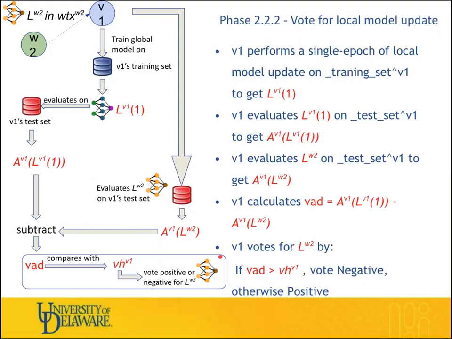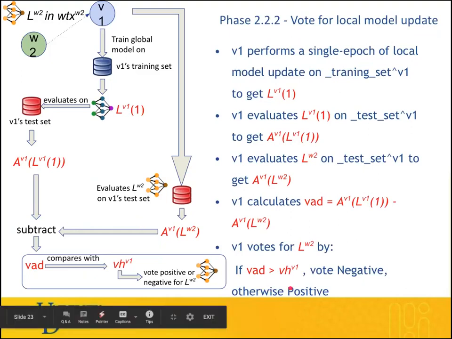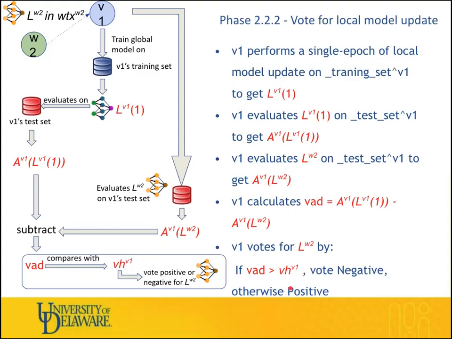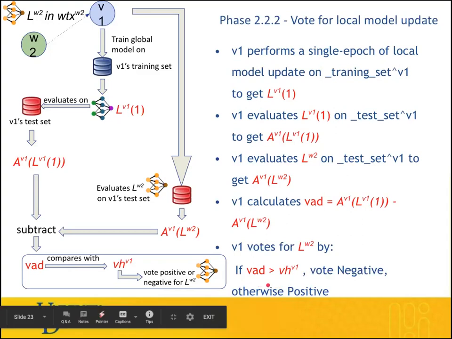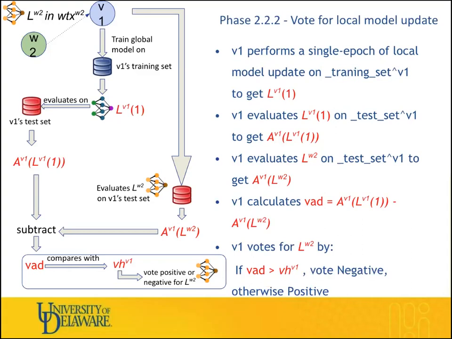Lastly, V1 compares VAD with the validator threshold value, denoted as VH superscript V1, and casts a vote, positive or negative, for LW2. If VAD is larger than VH superscript V1, the vote is negative, indicating that V1 thinks LW2 is in the opposite update direction of LV1, which also means that V1 thinks LW2 was illegitimately learned by W2.